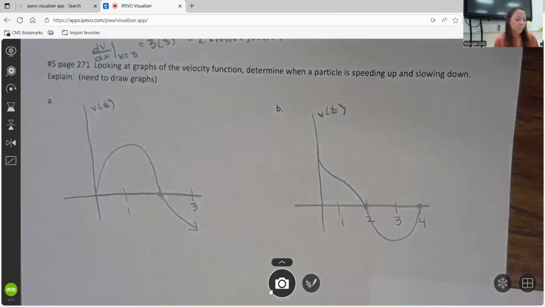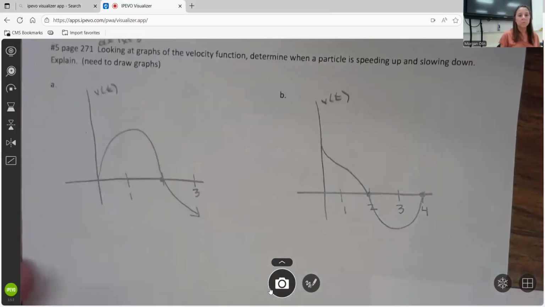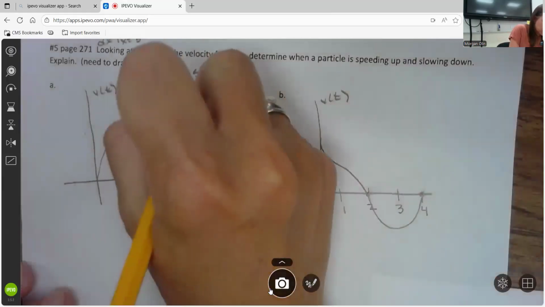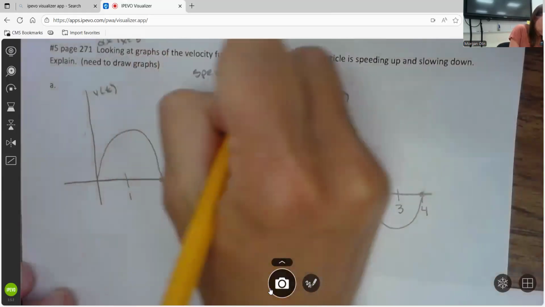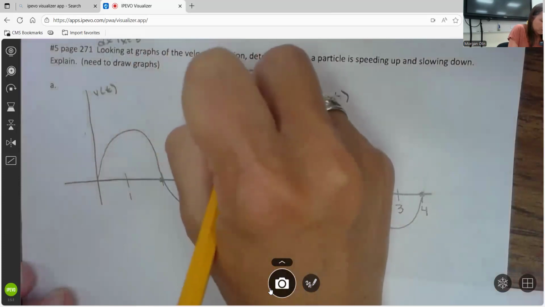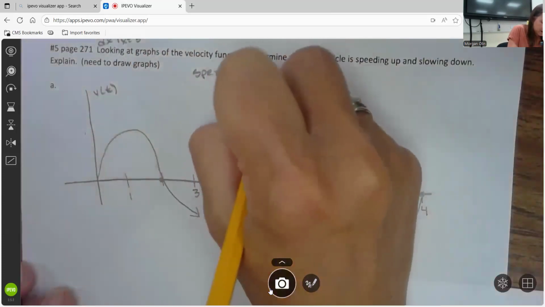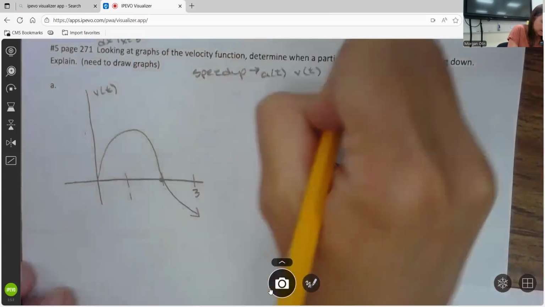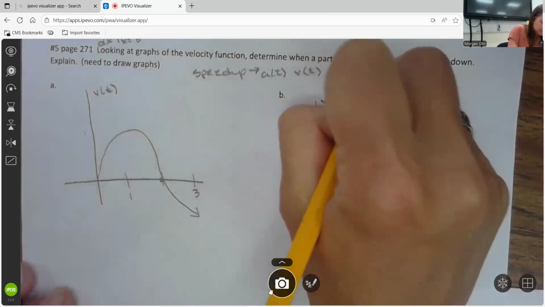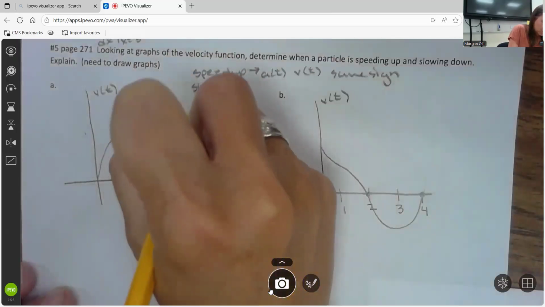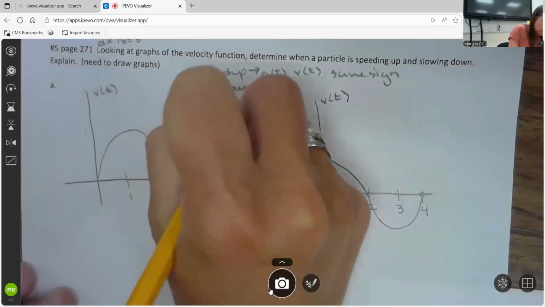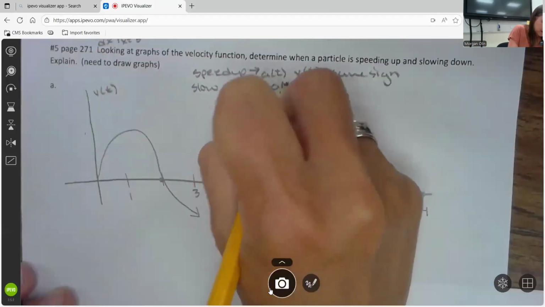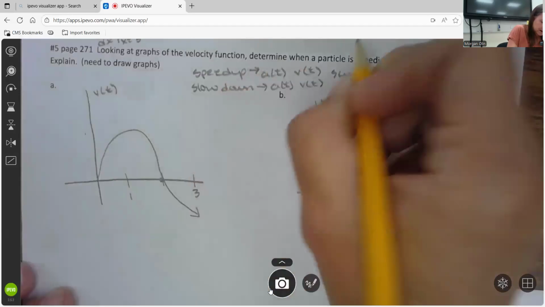Okay, when is a particle speeding up and slowing down? All right, well, remember this. When it speeds up, a of t and v of t have the same sign. Okay, when it's slowing down, a of t and v of t have different signs.